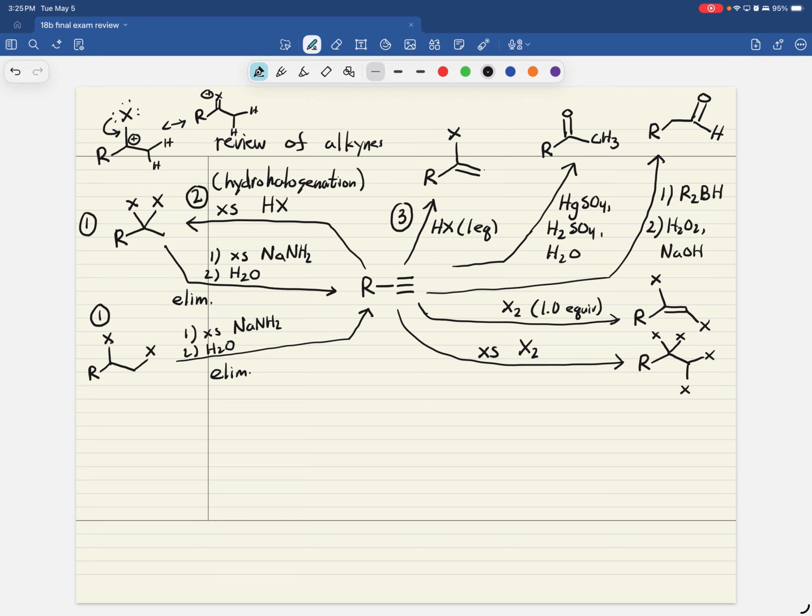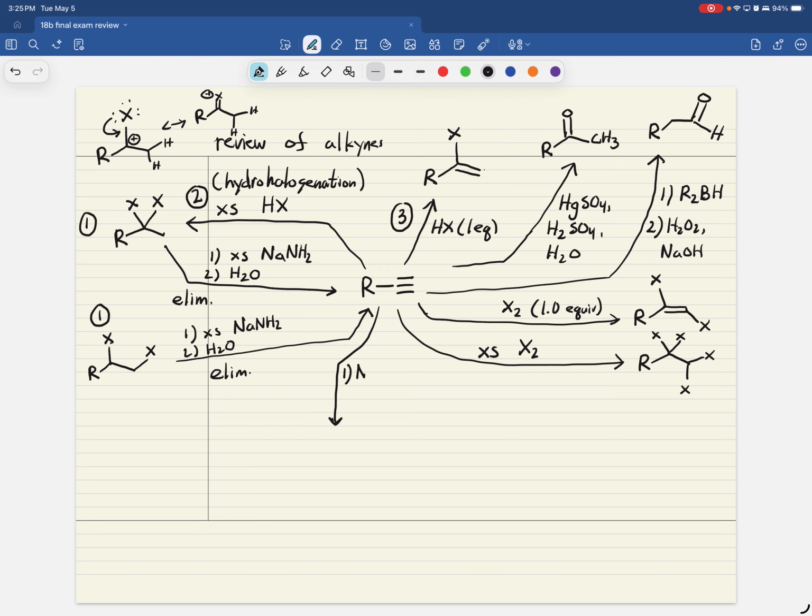All right, so I'm running out of lines here, so we need just a few more. Okay, so let's start with 2 more. All right, so let's do this. So this reaction is an important one we saw for synthesis.